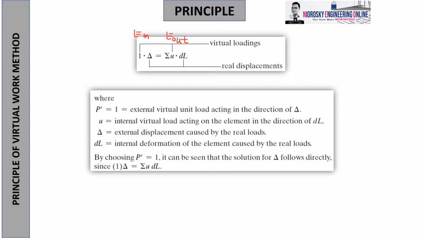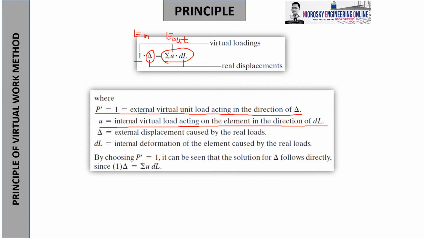So as you apply the 1 unit value, it will correspond to a specific deformation that is also equivalent to the possible work done by that particular element. Again, to depict the idea, P prime represents the external virtual unit load acting in the direction of delta, so they should come in pair. u is the internal virtual load acting on the element in the direction of the strip of length, so this is still the differential value.